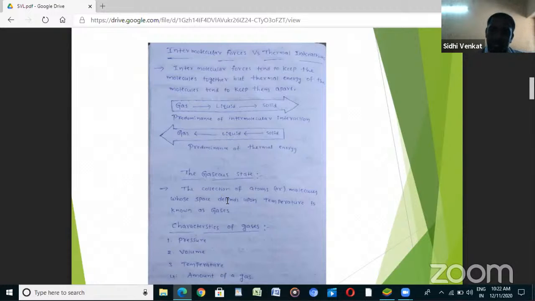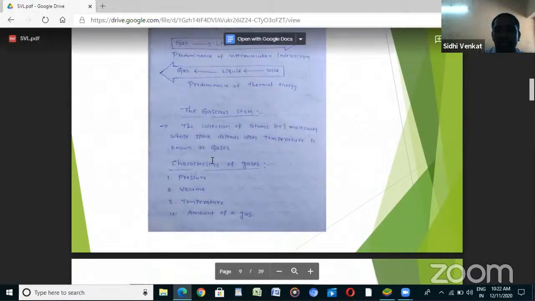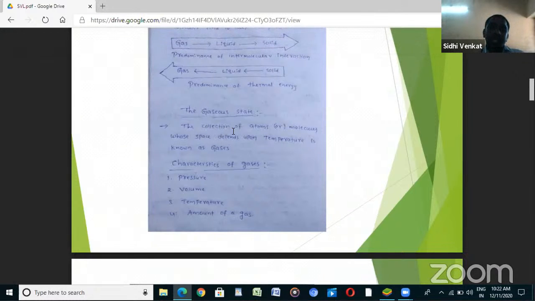And the next one, students, is the gas state. Important terms of the gas state. What do you mean by gas state? The collection of atoms or molecules whose space depends upon temperature is known as gases.